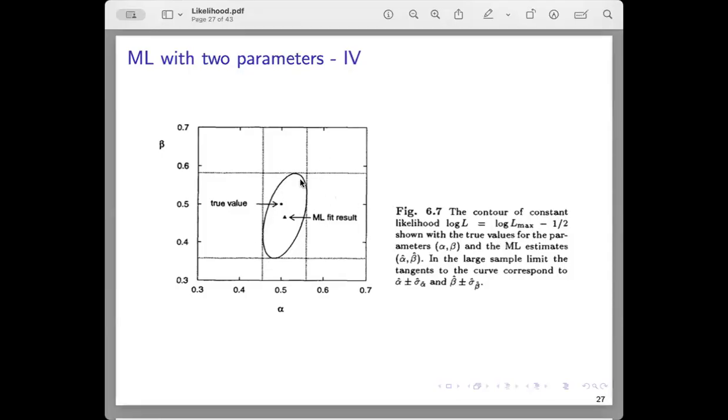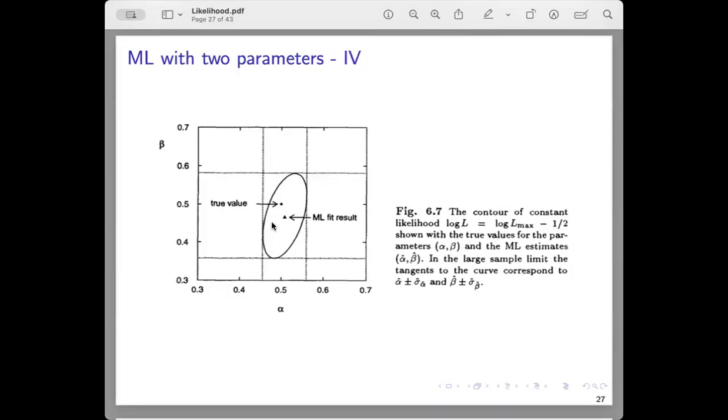You can see that this is like an ellipse, and the tangent to this ellipse gives you the one standard deviation, or the uncertainty, for the individual parameters alpha and beta. Okay, so from the horizontal one, the tangent gives the error on alpha, and on the vertical side the tangent gives the error on beta.